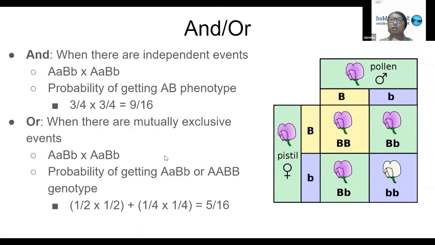And so it would be 2 out of 4 for getting the heterozygote, which can be simplified to 1 out of 2. And then you would do the same thing, multiplying it by the 1 out of 2 here to get this. It would be a 1 out of 4 value here. And then for here, you have the big A, big B. So in order to get that from this cross, it would be 1/4 times 1/4. Hopefully you guys get the idea of how that works. And then you would add the two values of the probability of getting both from this original cross.